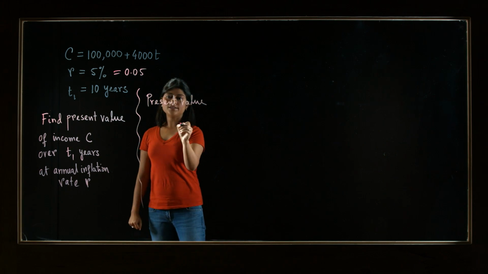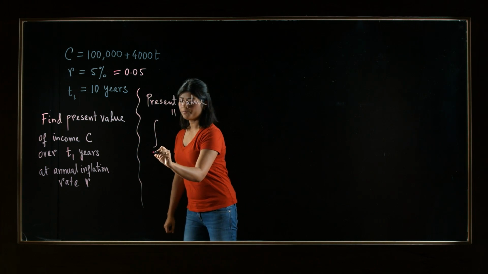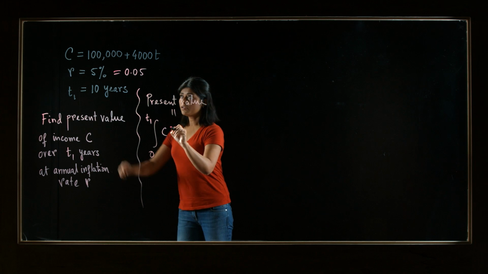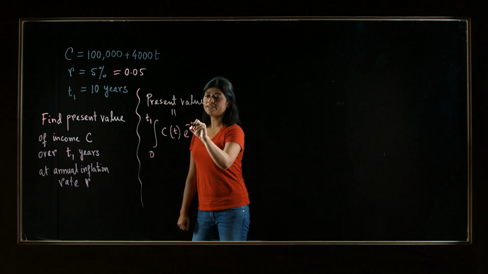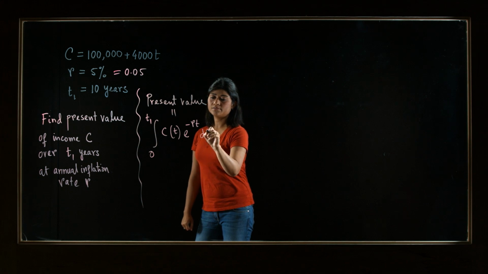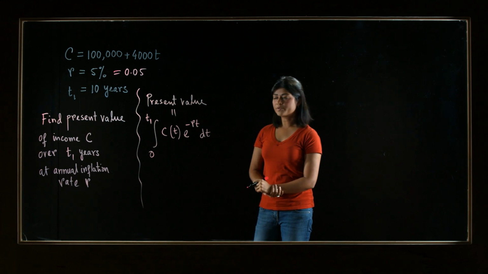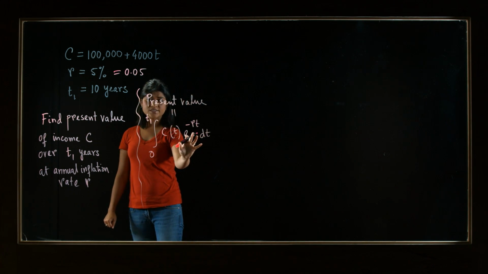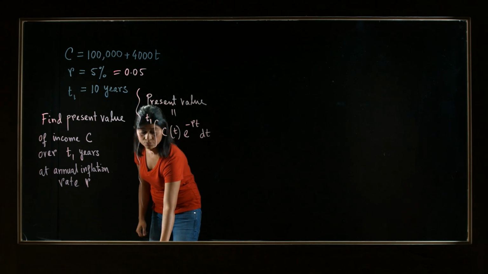Present value is integration from 0 to T1, the function C of t, e to the power negative RT dt. So that's the expression to compute present value. And now since we have all these functions already given to us, just write everything down.